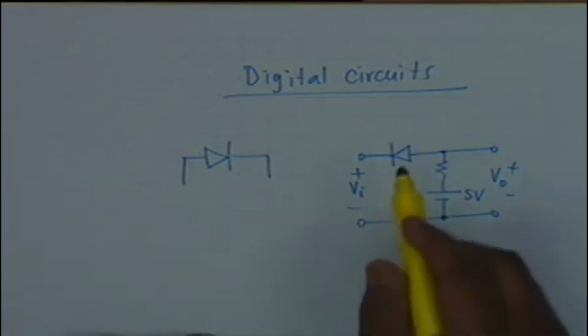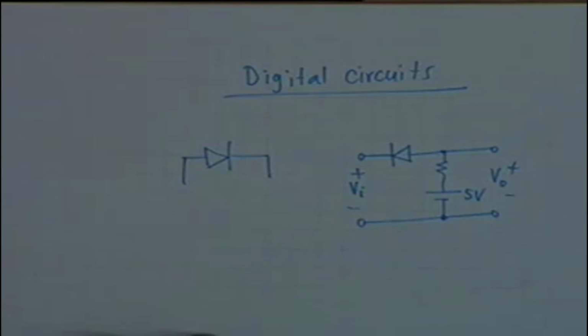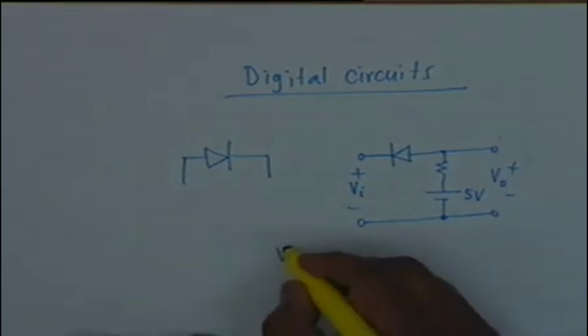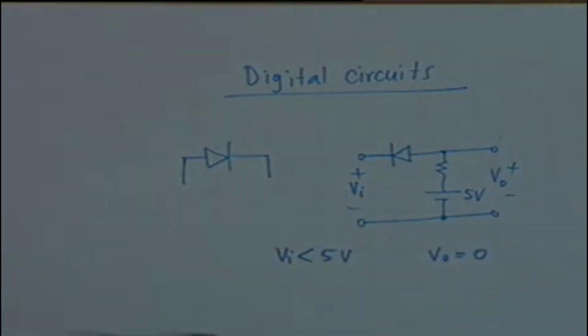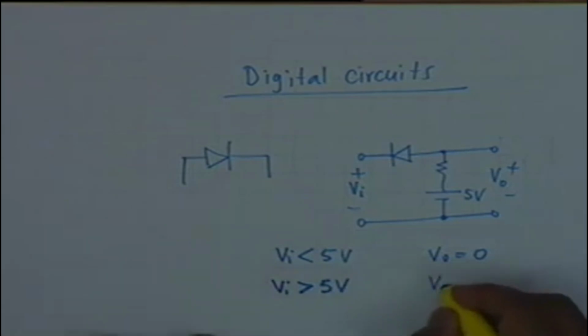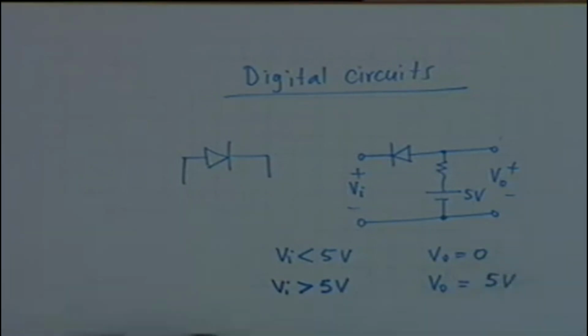And if the diode is a good one, then V0 shall be equal to 0. So if Vi is less than 5 volt, V0 equal to 0. If Vi is greater than 5 volt, then the diode does not conduct, and therefore V0 becomes equal to 5 volt.